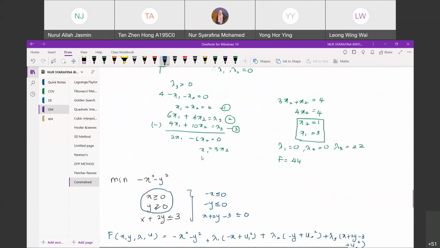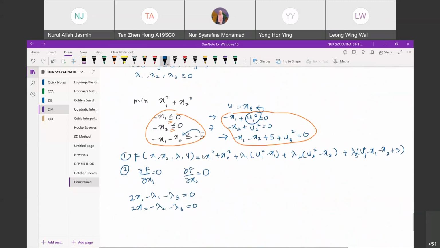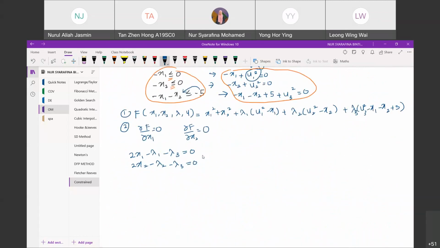We differentiate F with respect to x1 or x2, and then consider the constraints themselves: negative x1 less than or equal to 0, negative x2 less than or equal to 0, negative x1 minus x2 less than or equal to negative 5.